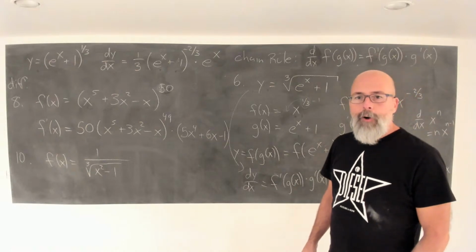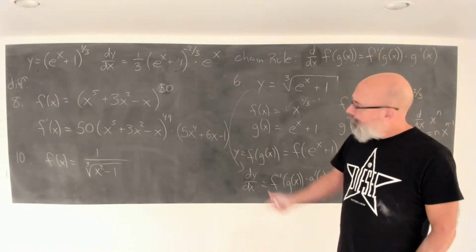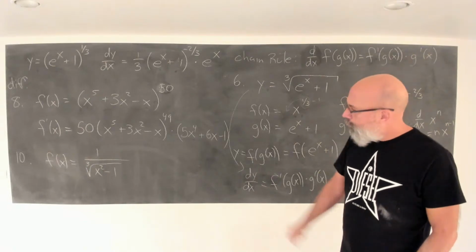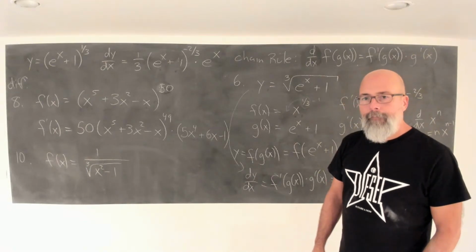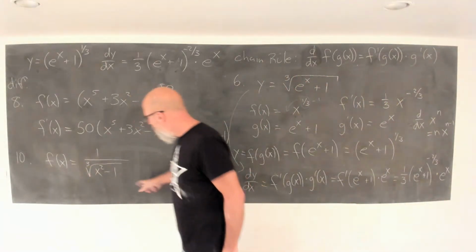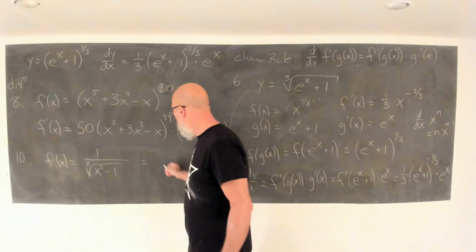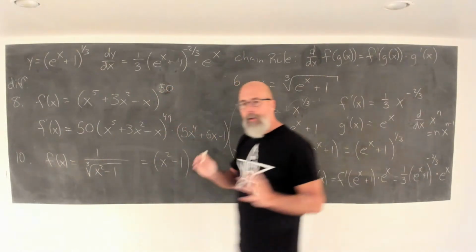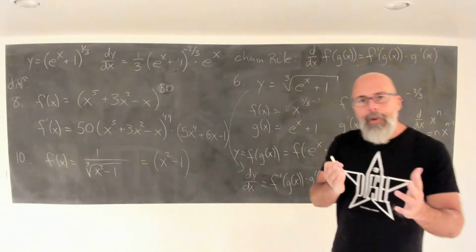What happens if you have the product rule and chain rule in the same question? It happens. Absolutely. Take it one step at a time. Look at this. First, let's rewrite this as x squared minus 1 to some power. What's the power?